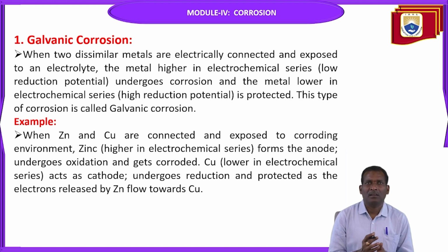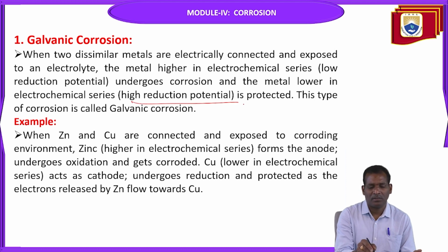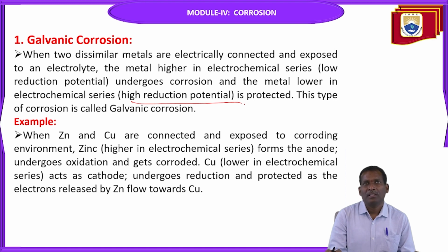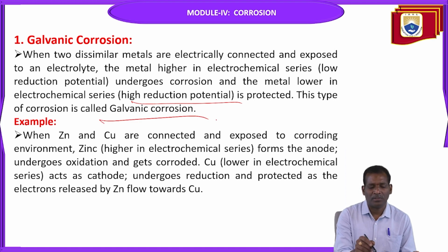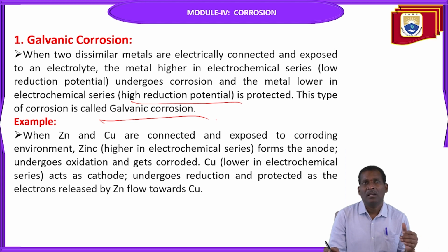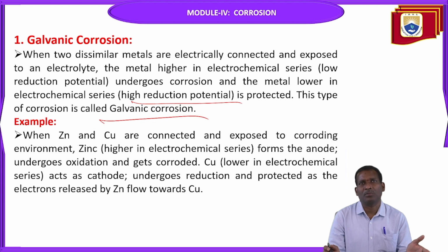The metal higher in the electrochemical series undergoes corrosion, and the metal lower in the electrochemical series, that is, with high reduction potential, is protected. This type of corrosion is called galvanic corrosion. This is the mechanism behind galvanic corrosion.